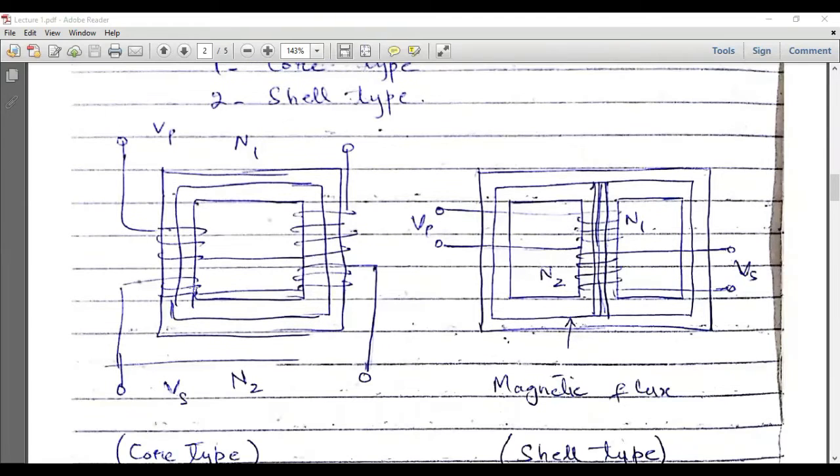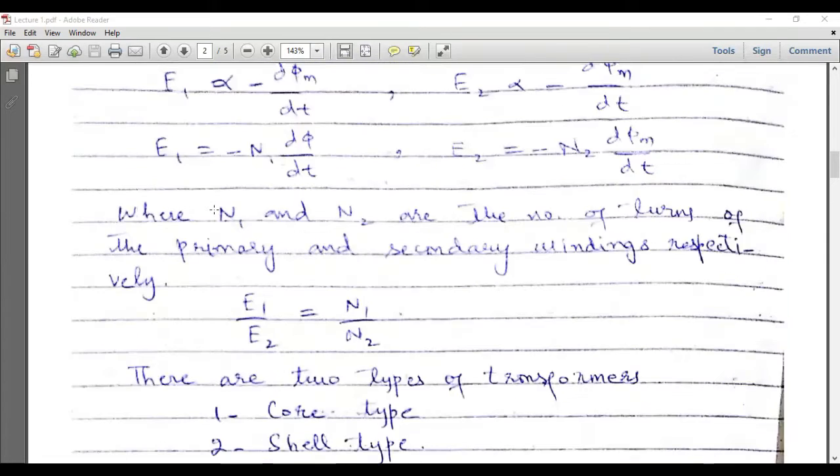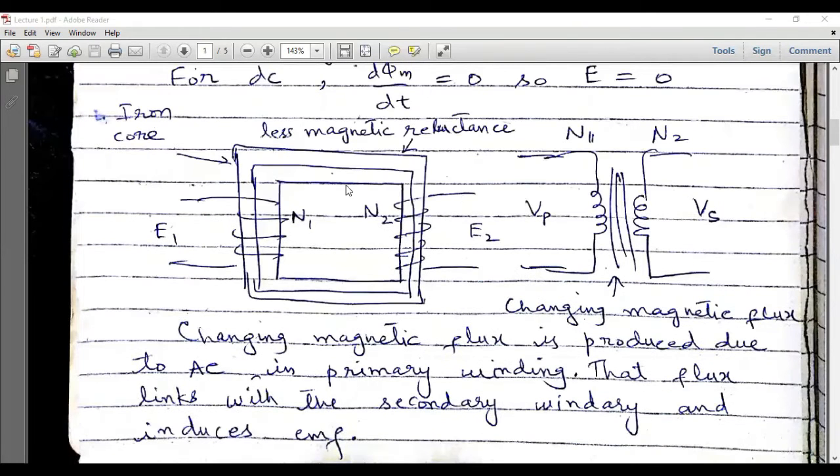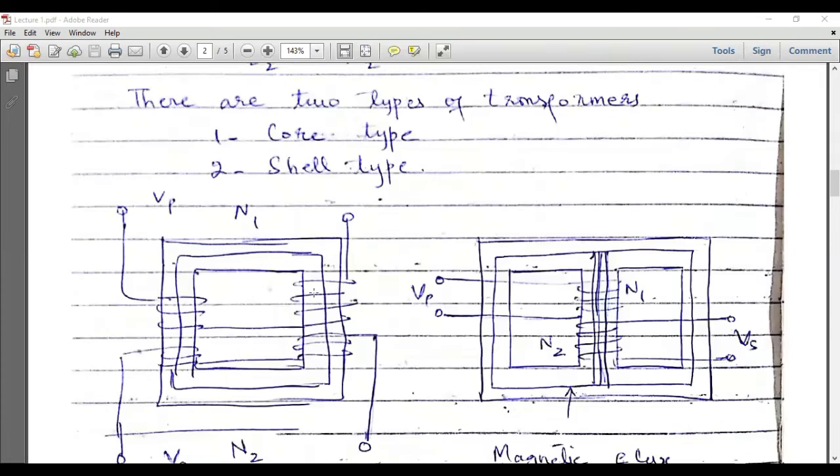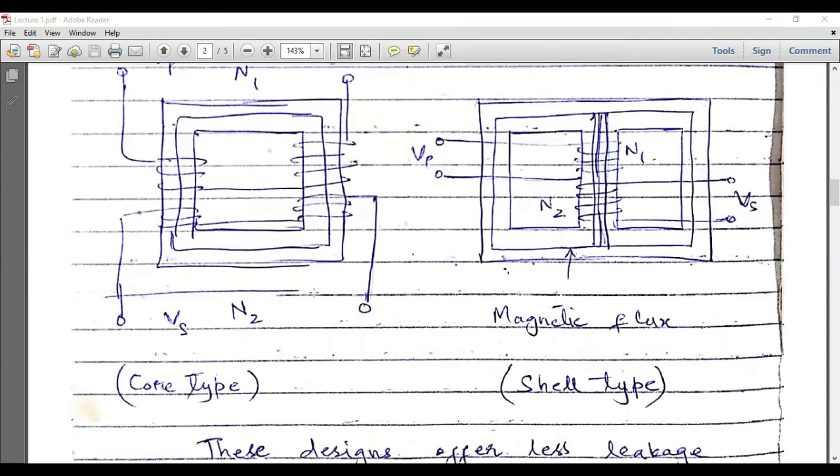So this is a core type transformer, and this type is also a core type transformer, but in this case we have two different legs for the primary and the secondary windings. So if we do the winding in such a way that part of the primary winding is done on this leg and part of the primary winding is done on the second leg.